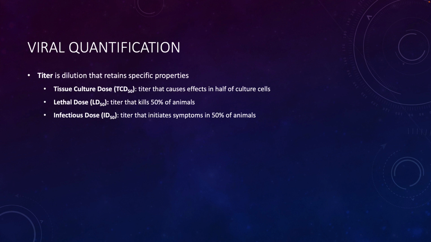The tissue culture dose 50 is the titer that will kill or cause effects in half of your culture cells. The lethal dose 50 is the titer that will kill 50% of animals. And the majority of you will not be actually doing this type of work where you're infecting animals, but it is possible. There's also the infectious dose 50, the titer that leads to symptoms in 50% of animals.